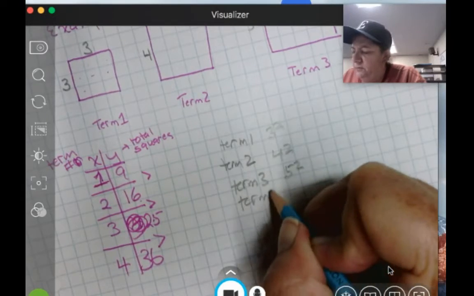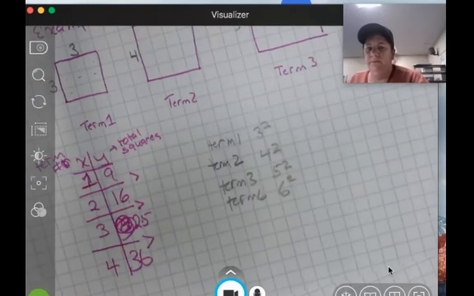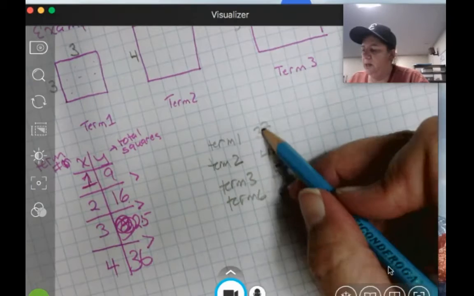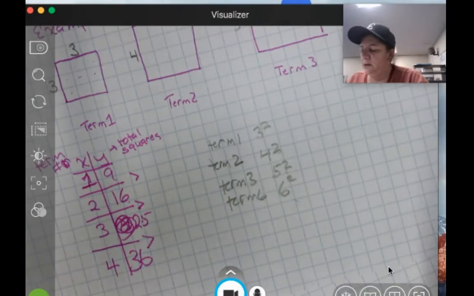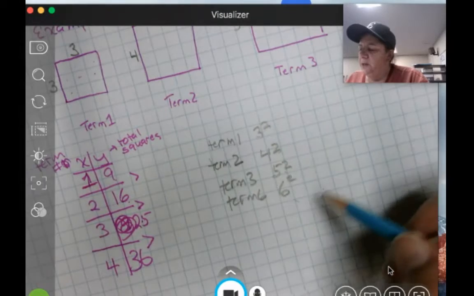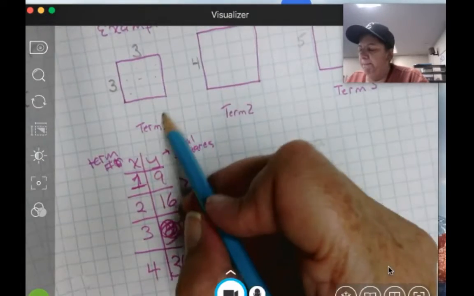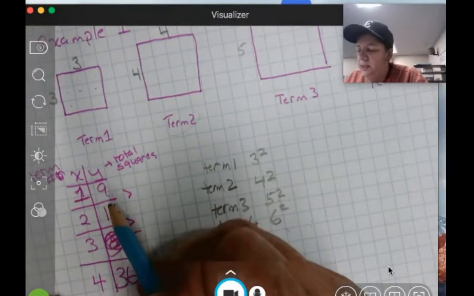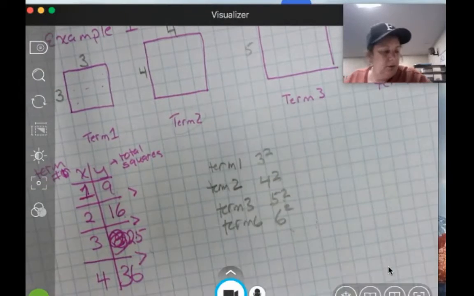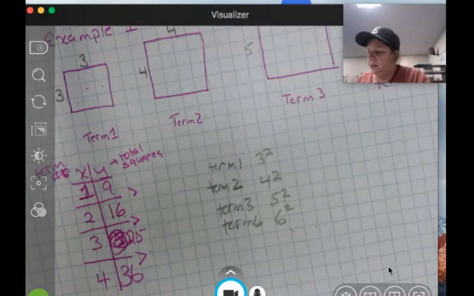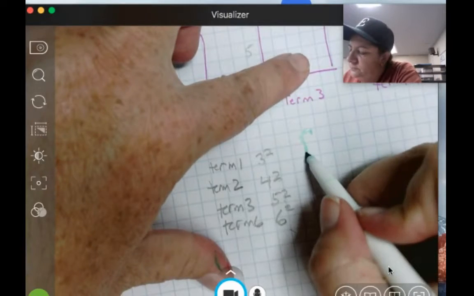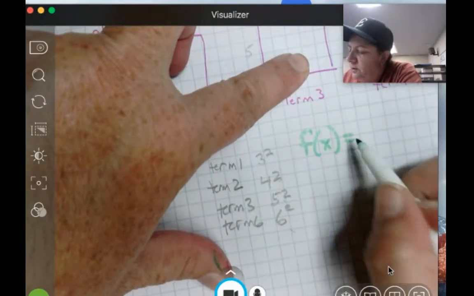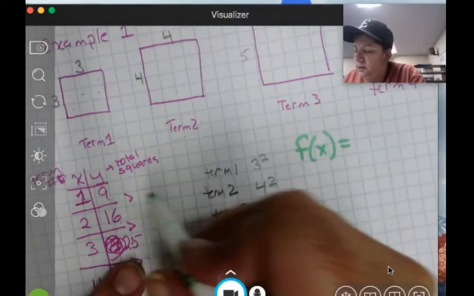And for term 4, I have 6 squared, right? 9, 16, 25, 36. But the thing is, we have to write an equation where you can input the term and the output will give me 9, 16, 25. So we're going to need an f of x where x is the term number and the answer is these.